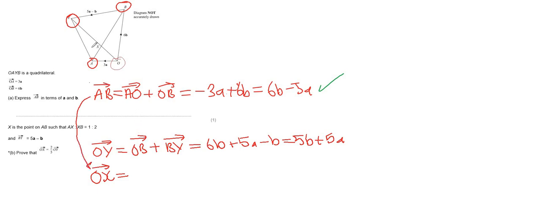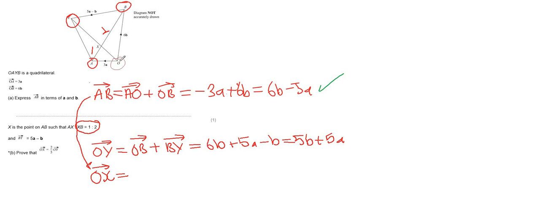So as X is in the middle of AB, it says that AX to XB is 1 to 2. So that means that this is 1 and this is 2. So it's a third of the way along AB.